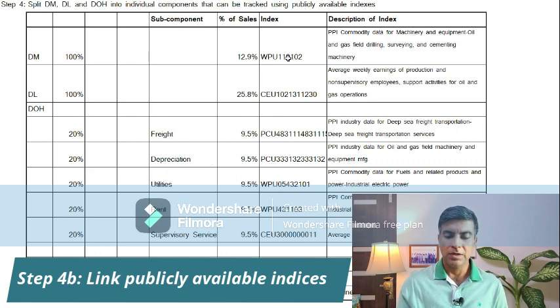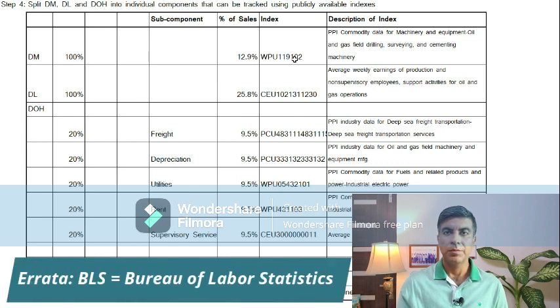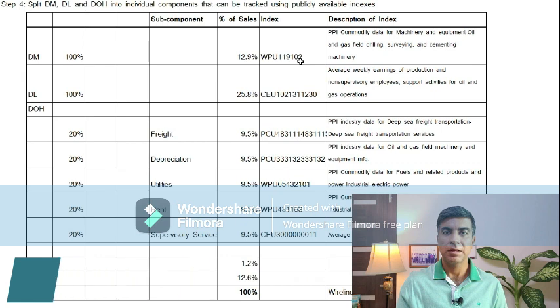Now you have to associate each of these components, direct material, direct labor, and direct overheads, with indexes that you can publicly track. I've used these indexes that are available on a website called the Bureau of Labor Statistics, BLS.gov in short, a website that is available in the US.